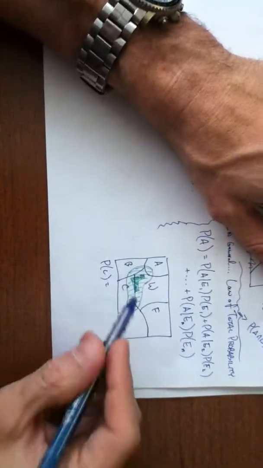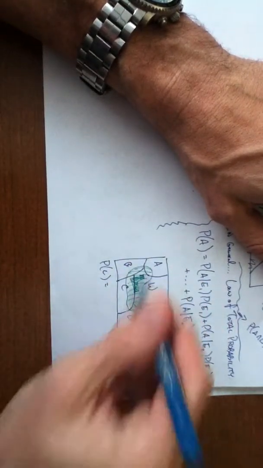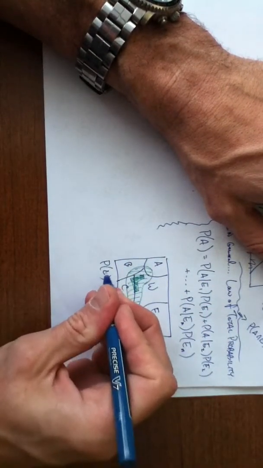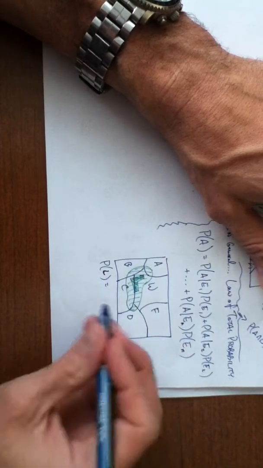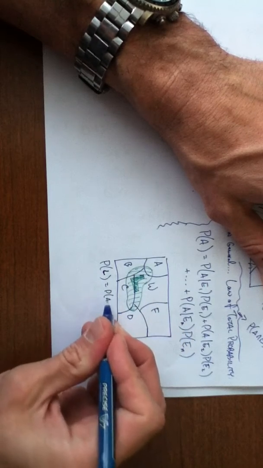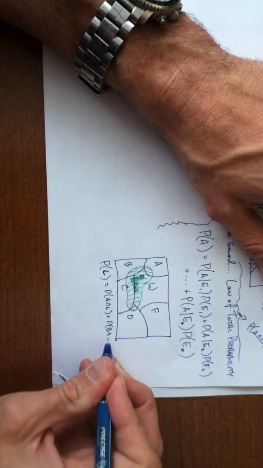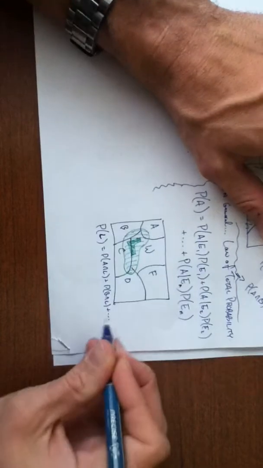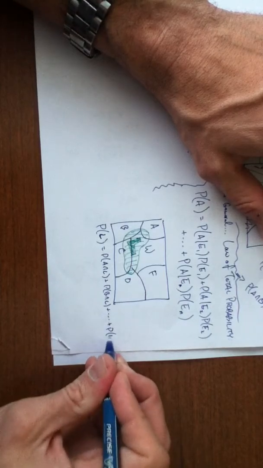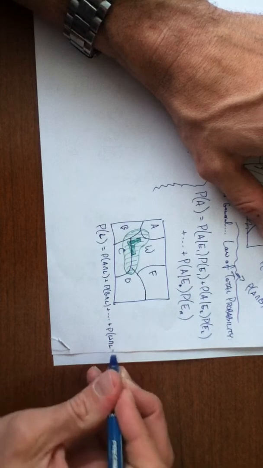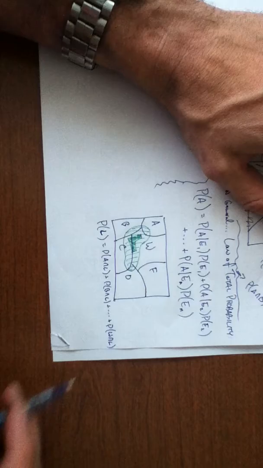All right, so what I'm really interested in here is, if I pick a point in this sample space at random, what's the chance that I get a point in L? I can write this as the chance of A and L plus the chance of B and L plus etc. plus the chance that I get a withdraw and L. See what I mean?